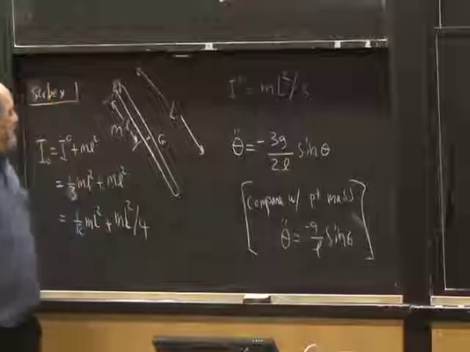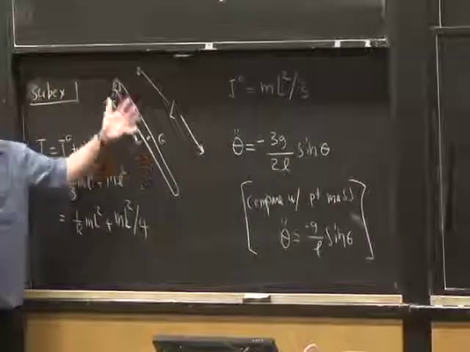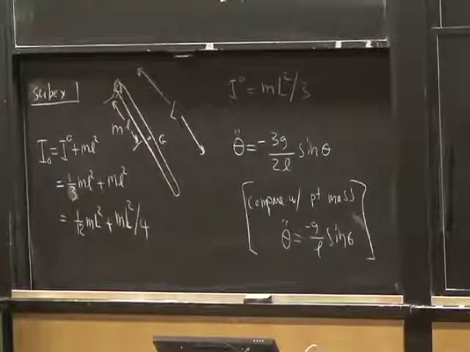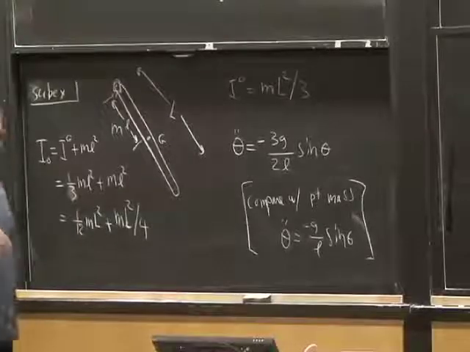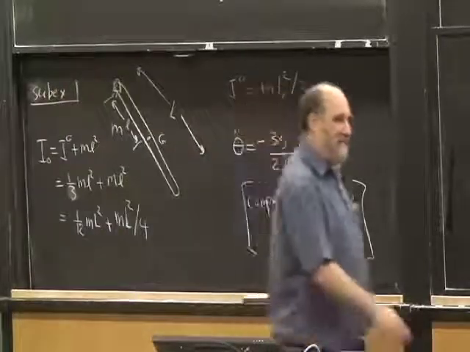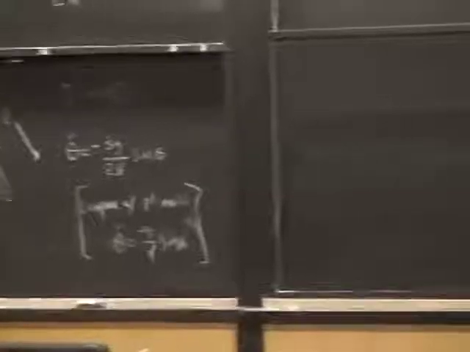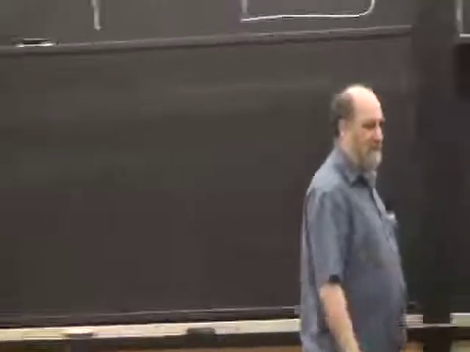So what we see is that this pendulum is slower in some sense by 50%. Now when it comes down to looking at the frequency of oscillation, it's only slower by about 22% or something like that, because there's a square root.